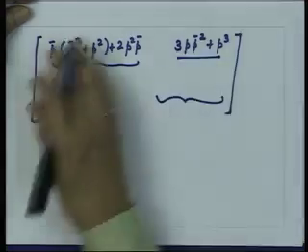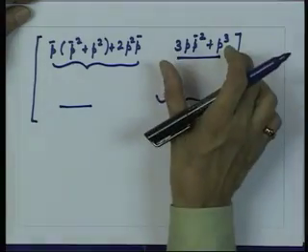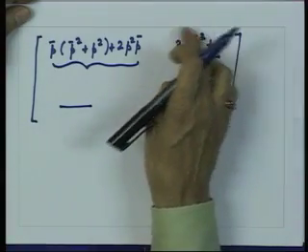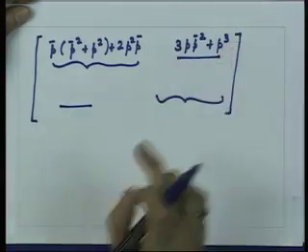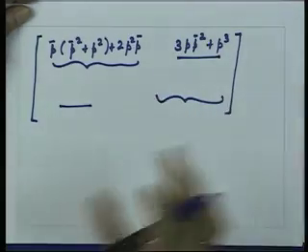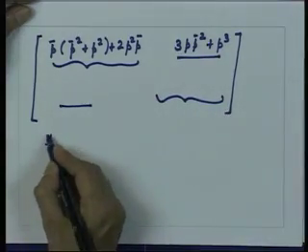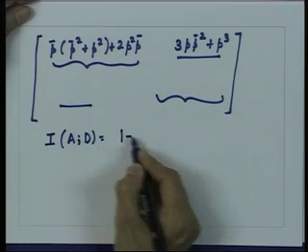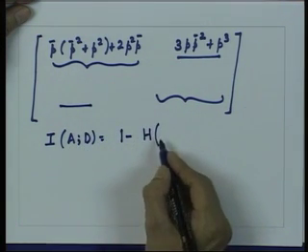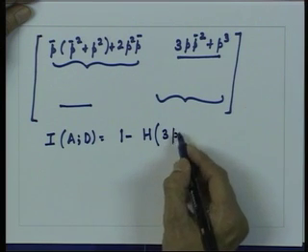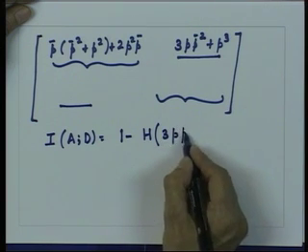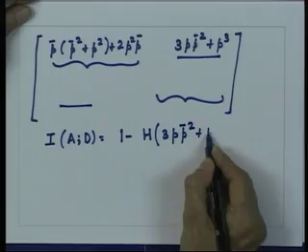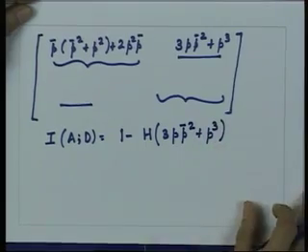So, for this equivalent channel matrix, the probability of error now is given by the term here. So, for this between A to D, we can find out the mutual information as 1 minus h of 3 p bar squared plus p cube.